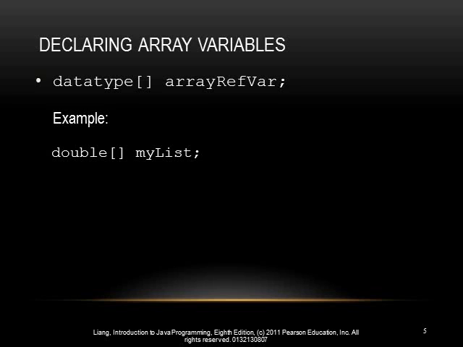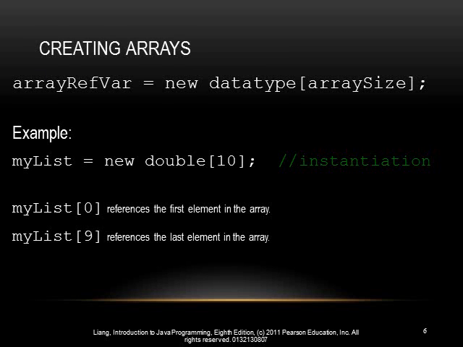So many times we declare and create at the same time by initializing, and we write int age equals 0. Well, the process is a little different for reference variables such as arrays. With reference variables, we must use the new keyword to allocate memory space for our array and automatically initialize it. This process is referred to as instantiation.